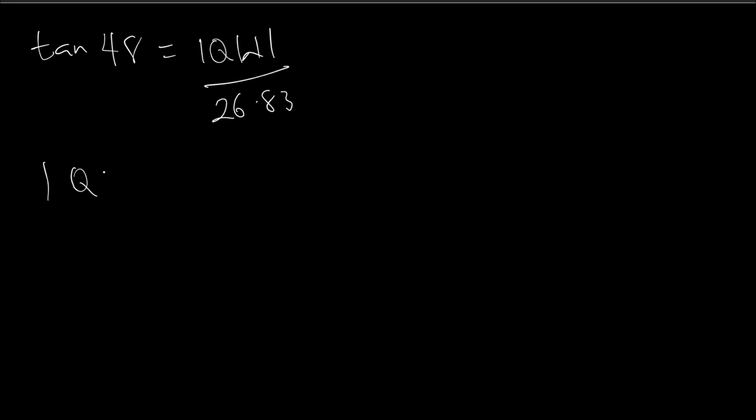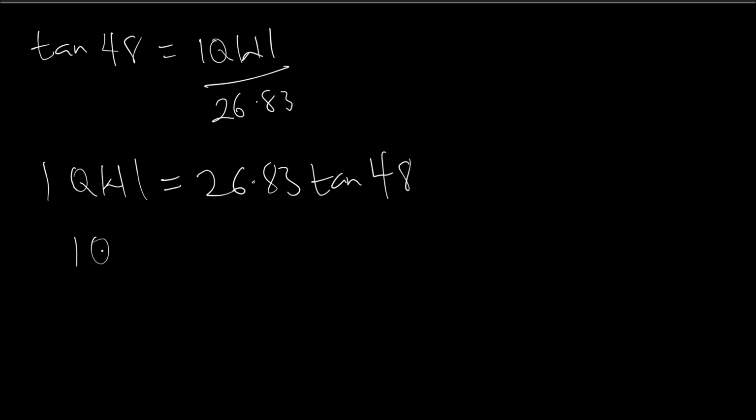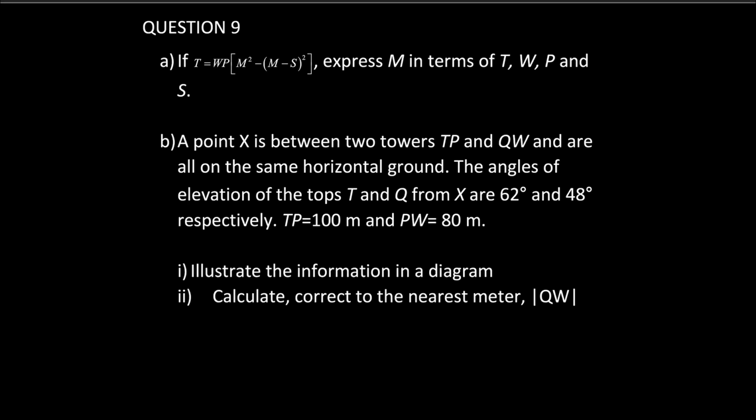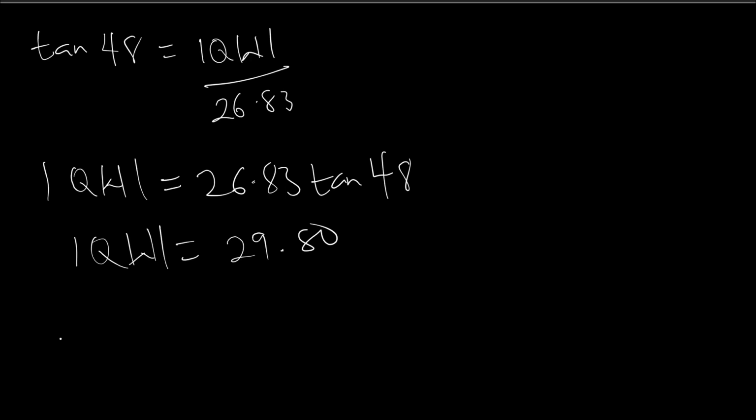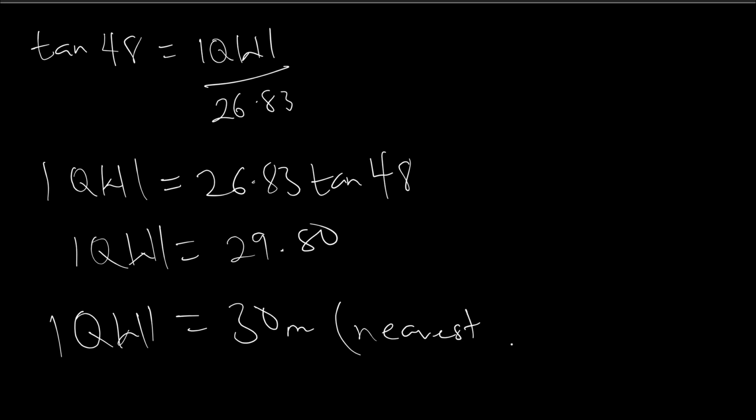So our line QW will be equal to 26.83 tan 48. So 26.83 tan 48 should give 29.80. However, we've been asked to correct to the nearest meter, and so QW will be equal to 30 meters to the nearest meter.